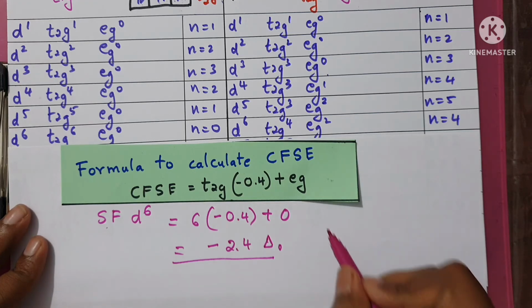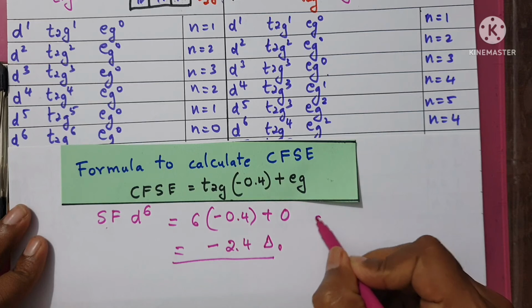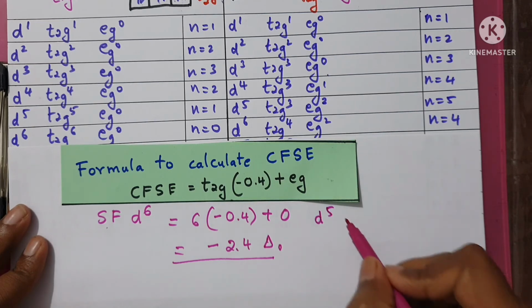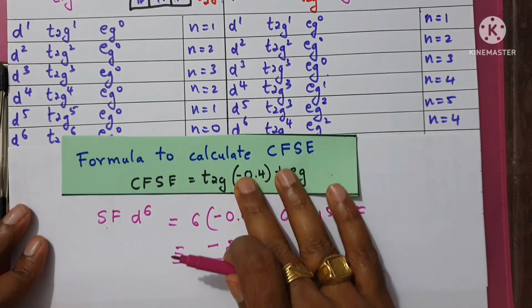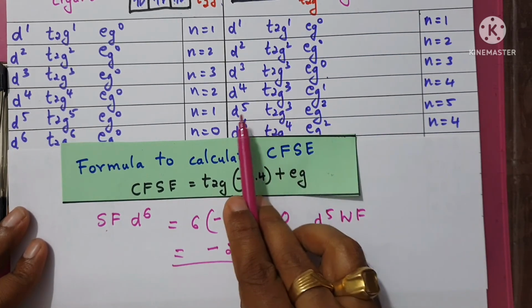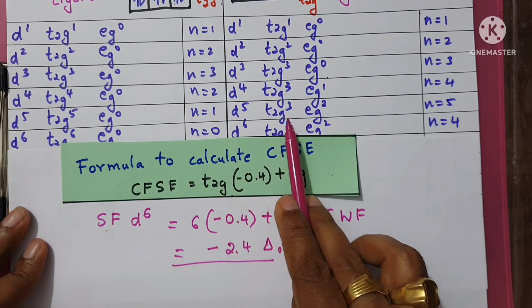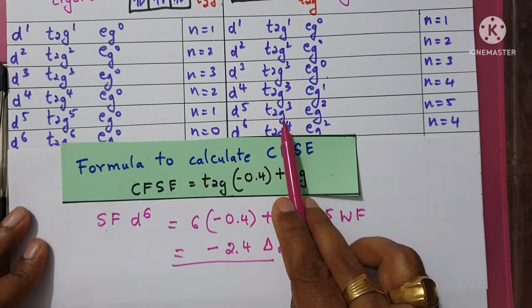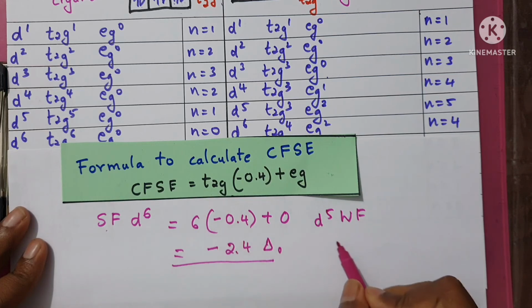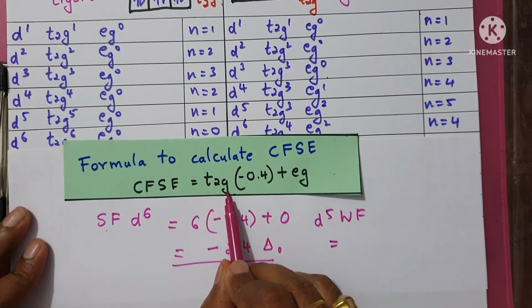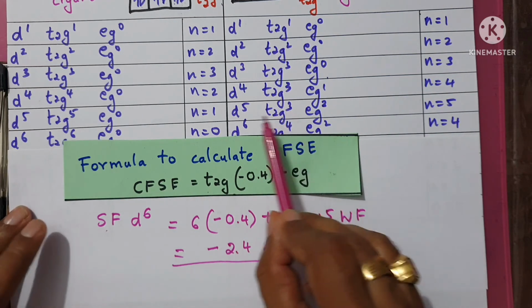You can try for a d5, which is a weak field ligand. It is very simple, you can easily do it. You have the formula here. You can see for a weak field ligand d5, it is t2g3 and eg2. So according to the formula, first t2g is how much? 3 for d5.